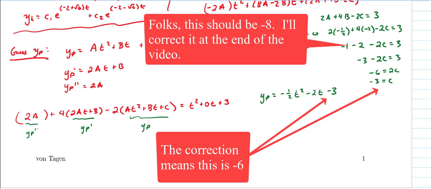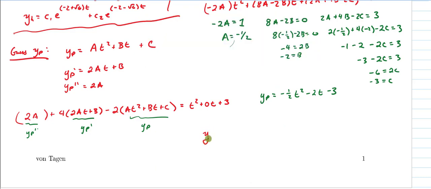So how do we then represent our overall general solution to the non-homogeneous ODE? It is going to be our homogeneous solution, the solution to the corresponding homogeneous equation, c1 e to the minus 2 plus the square root of 6 t plus c2 e to the negative 2 minus the square root of 6 t. Careful, that's a minus sign there.